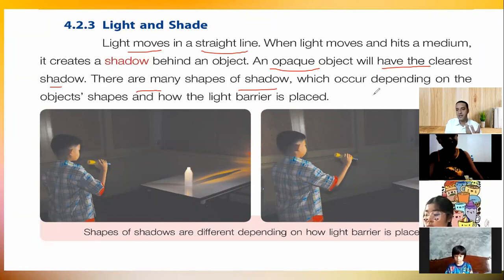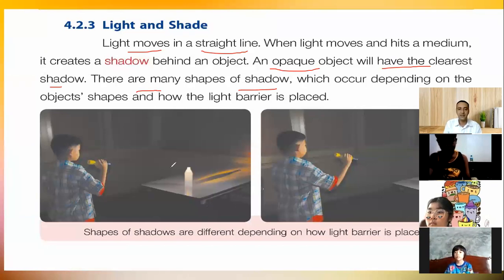So in front of the light source, if they're having any sort of object, any kind of opaque medium, the light cannot pass through that opaque medium. So you will find a perfect and clear shadow, okay, behind that object.